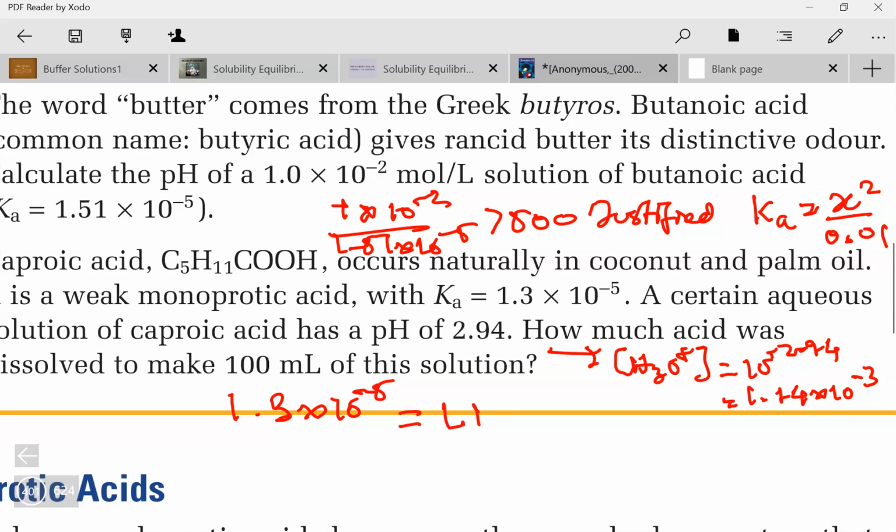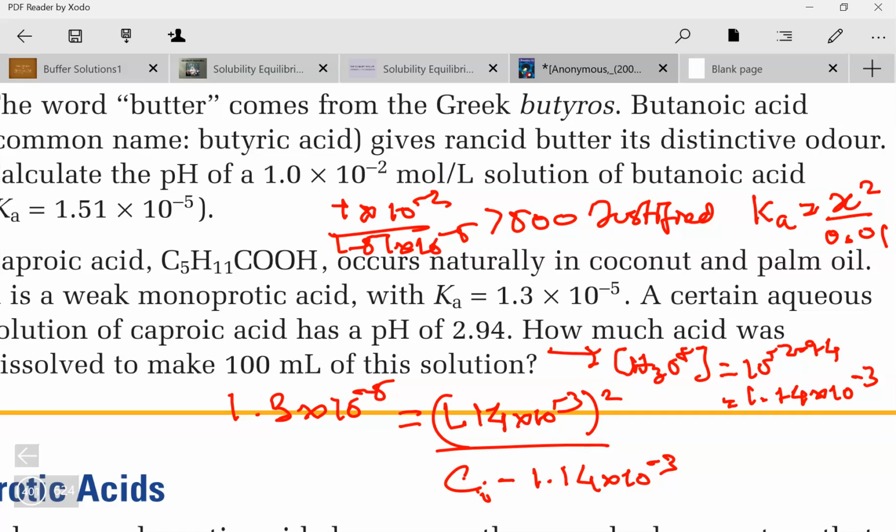So this is 1.14 times 10 to the power negative 3 squared divided by the initial concentration that I want to find, minus 1.14 times 10 to the power negative 3. Right, so I want to find the initial concentration of acid. I can mark that as HA. I'm just assigning it a variable C. Therefore what we shall do is 1.14 times 10 to the power negative 3 squared, divided by 1.3 times 10 to the power negative 5.